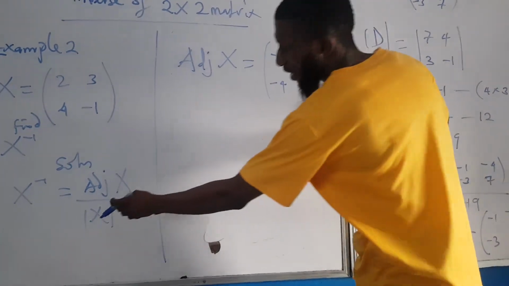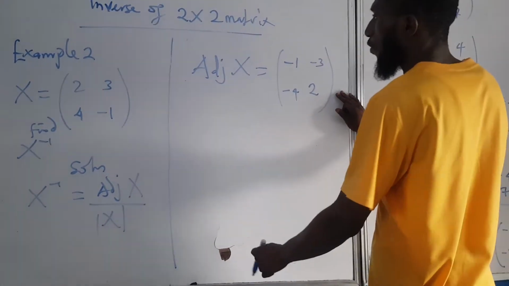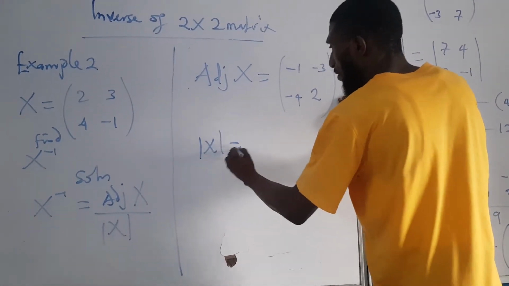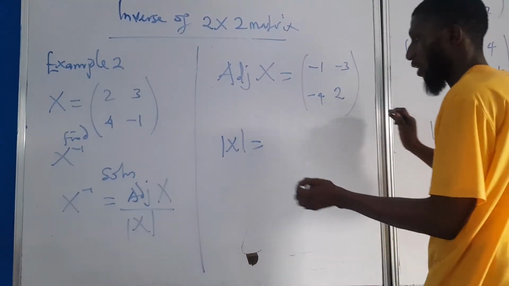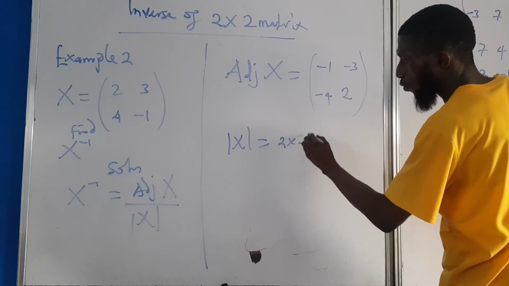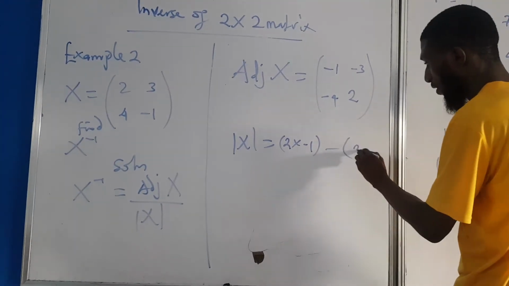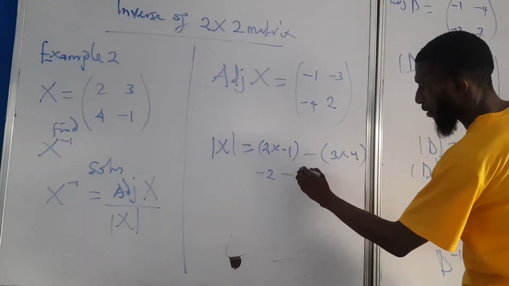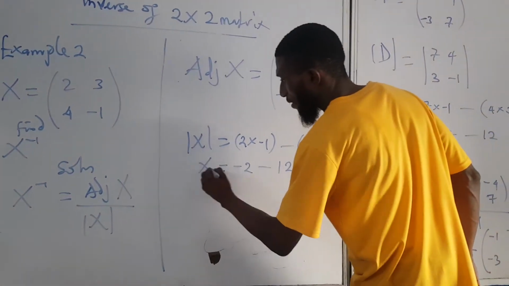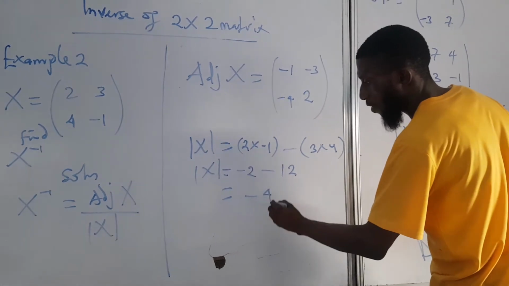Now the next thing is to find the determinant of X. X determinant equals, use this to multiply this, minus, so you use 4 times 3. Therefore, we have 2 times minus 1, minus 3 times 4. Then we have minus 2 minus 12. Then the determinant of X equals minus 14.